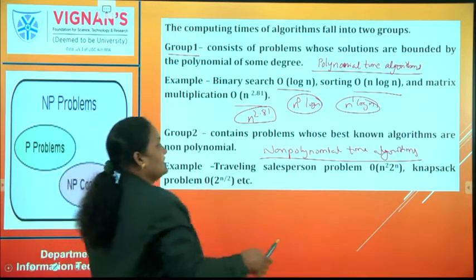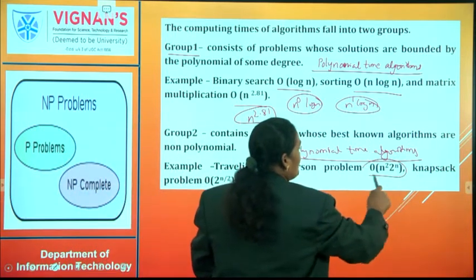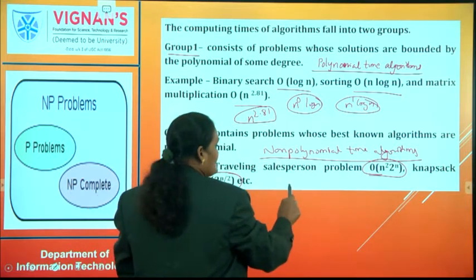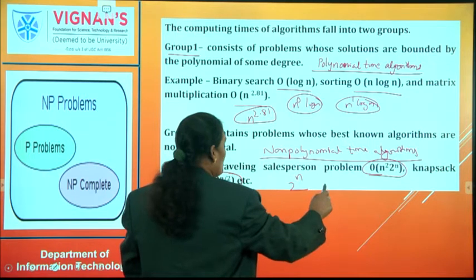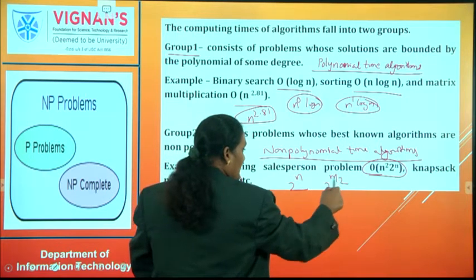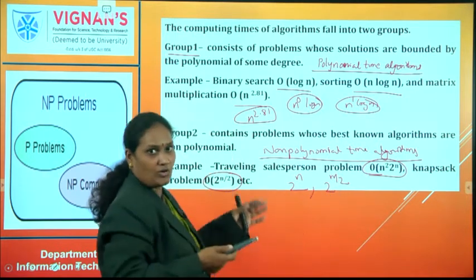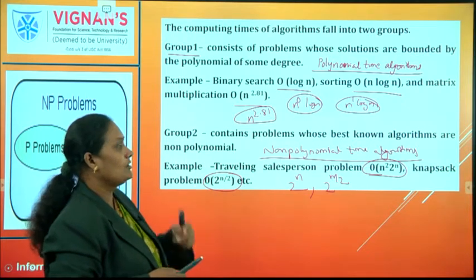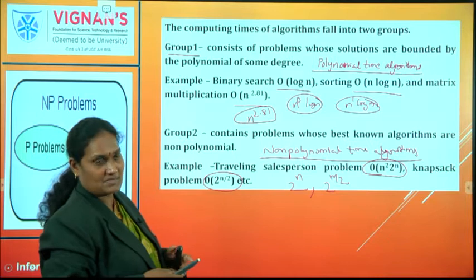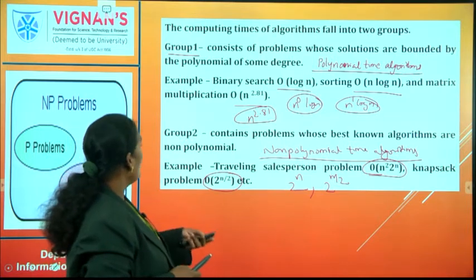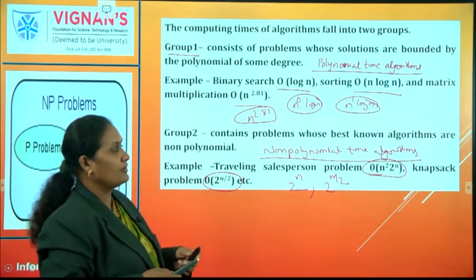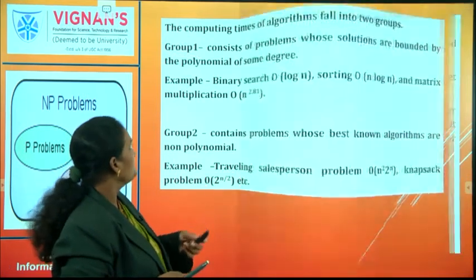For example, the traveling salesperson problem and knapsack problem. Their time complexities are represented as 2 power n, 2 power n by 2, etc. Since it is not a polynomial, we call it a non-polynomial time algorithm. I hope you understand what are polynomial algorithms and what are non-polynomial time algorithms.